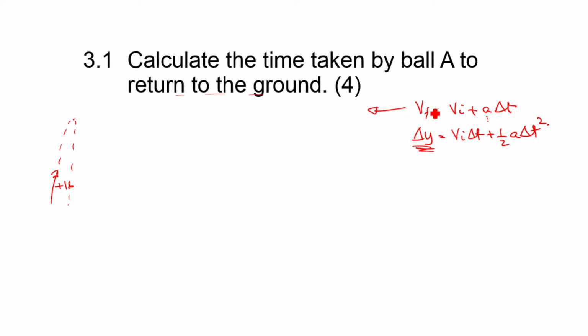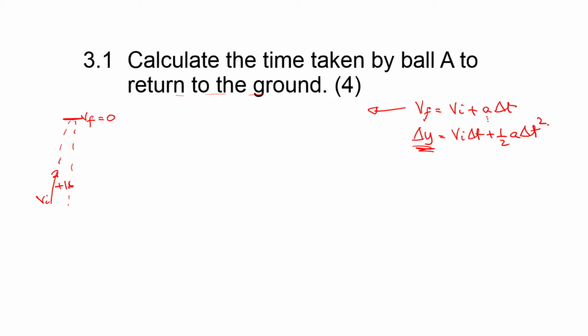Because you see, there is some information that I know, which I wasn't given directly: when we get to the top here, if we take this as Vi and this as Vf, Vf is 0.